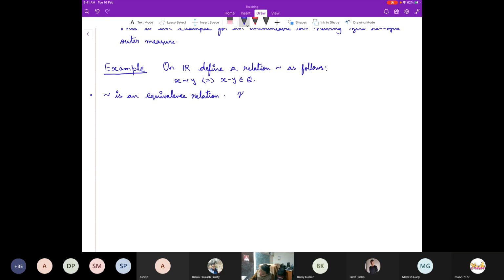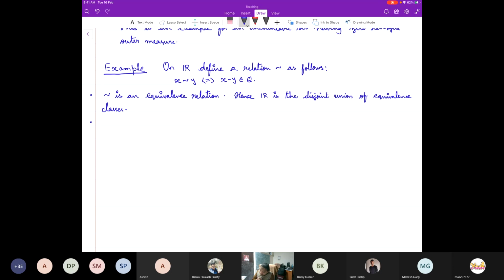Hence, R is the disjoint union of equivalence classes.